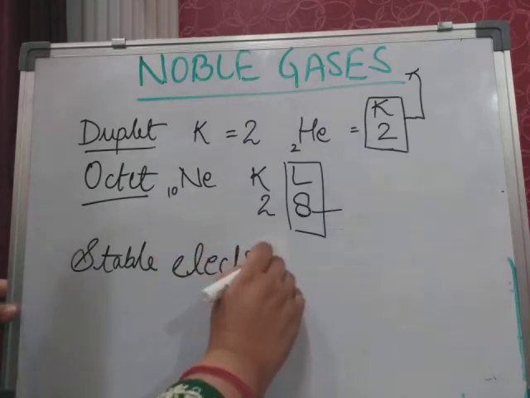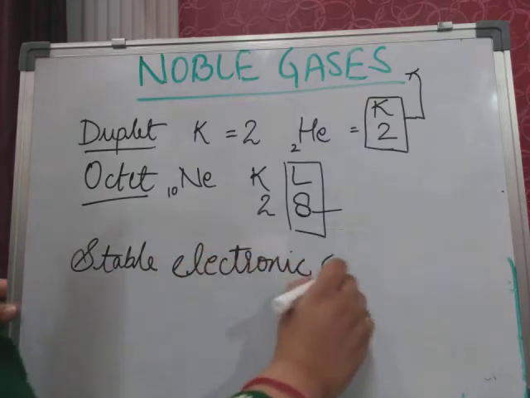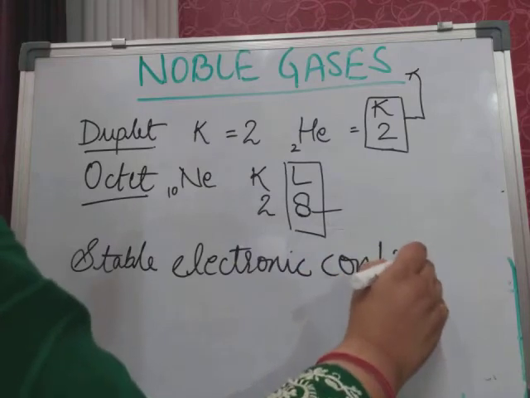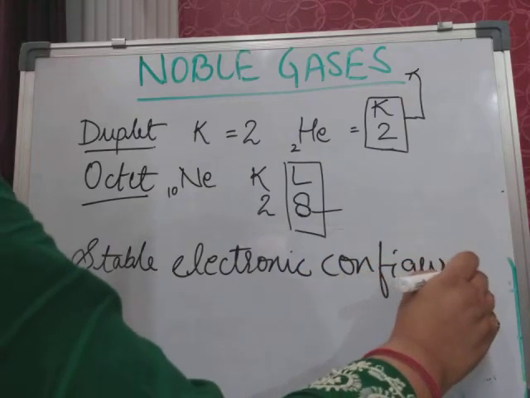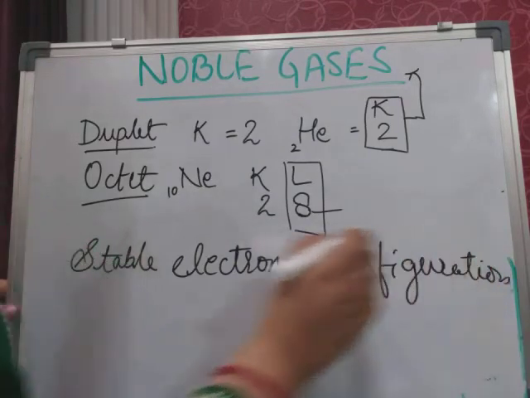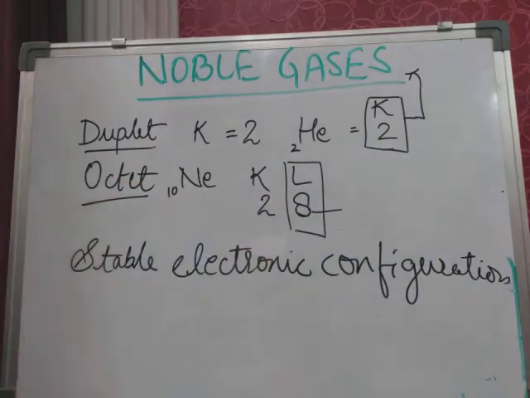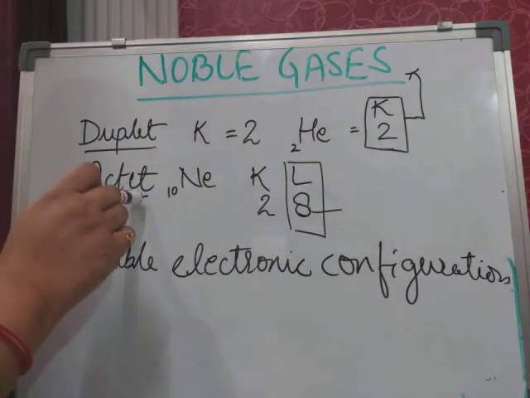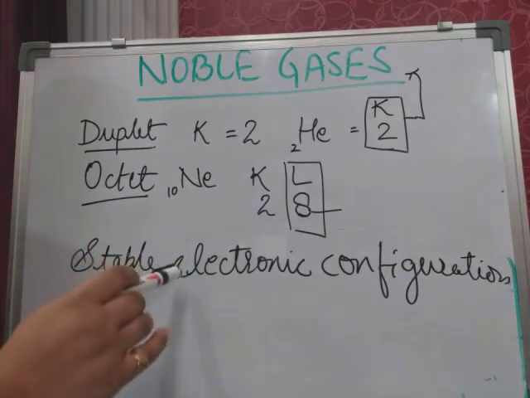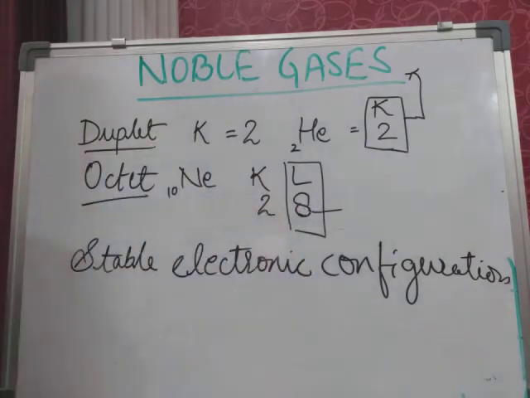Stable electronic configuration means they do not require any electron, or they do not need to give any electron, to complete their outermost shell. Their outermost shell is already complete. It has 8 electrons in its outermost shell.